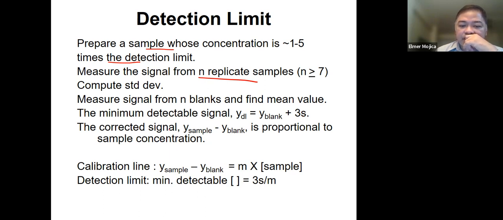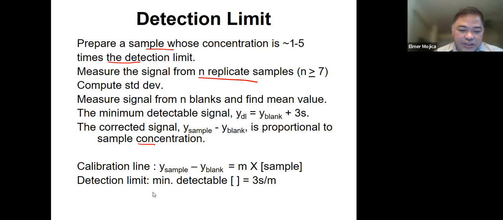And then the corrected signal is y sample minus y blank, which is proportional to the sample concentration, and then the calibration line. So y sample minus y blank equals to m times the concentration of the sample.